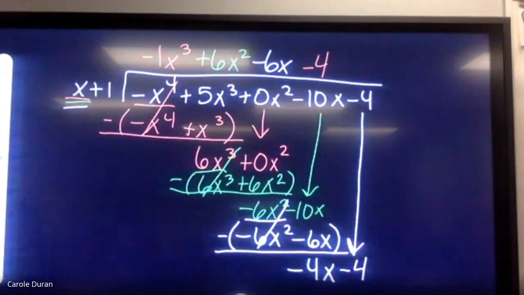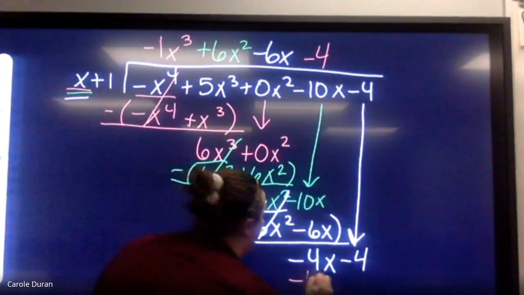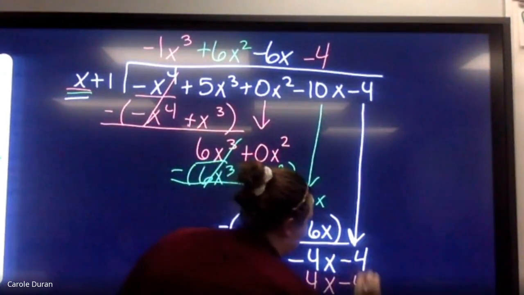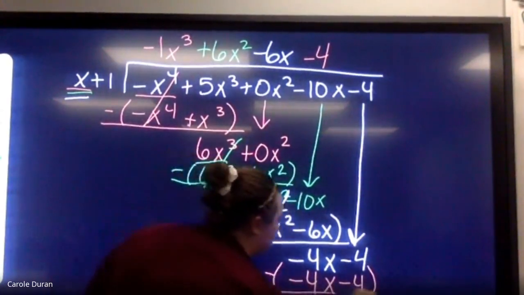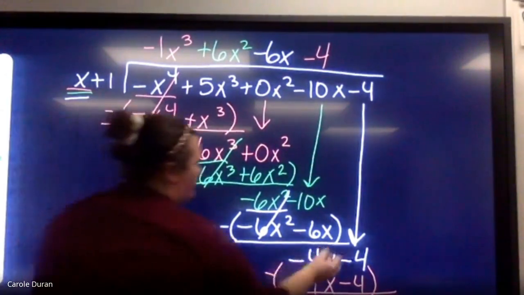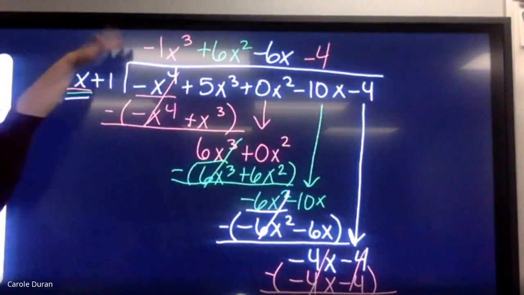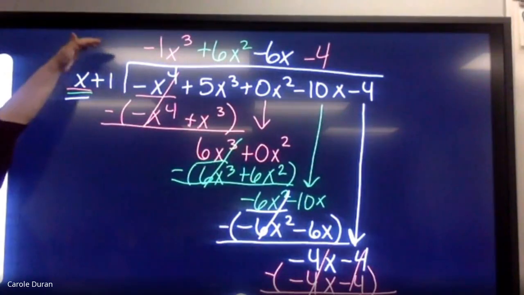I multiply that into both terms in my divisor. And when I do, I get negative 4x minus 4. I subtract that out. The first term cancels. What about the second? Also going to cancel because it's going to be a negative plus, and it's going to be the same values. So that means I have a remainder of 0, which means the quotient on the top is my entire answer.